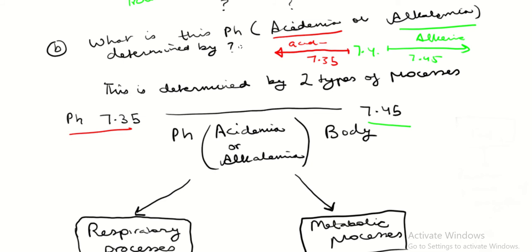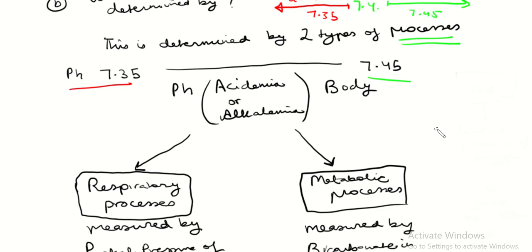Now, whether the body is in overall acidemia or alkalemia is determined by different processes. Okay? It's determined by different processes. Those processes in the body that tightly regulate the pH are called oses.